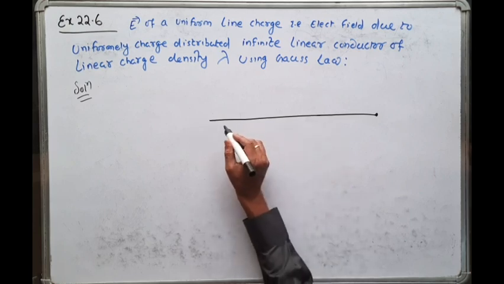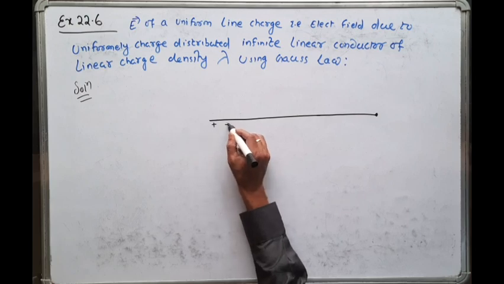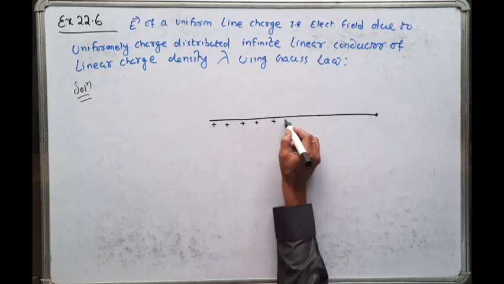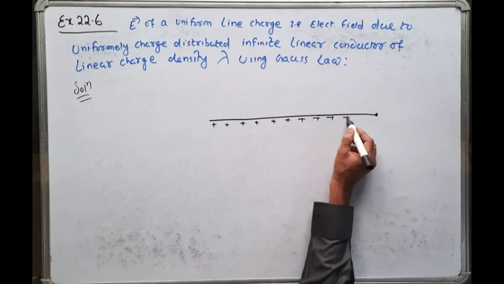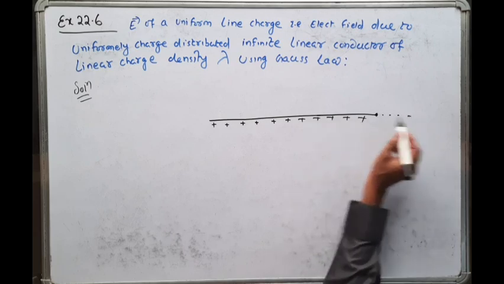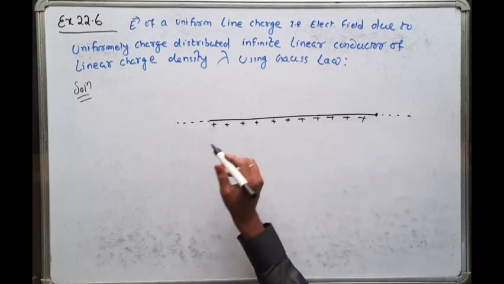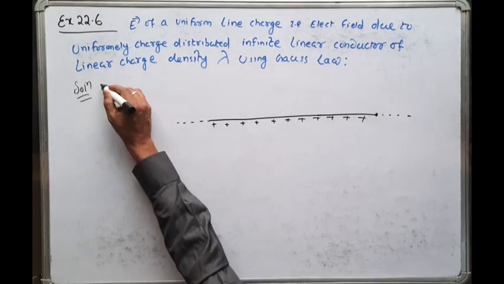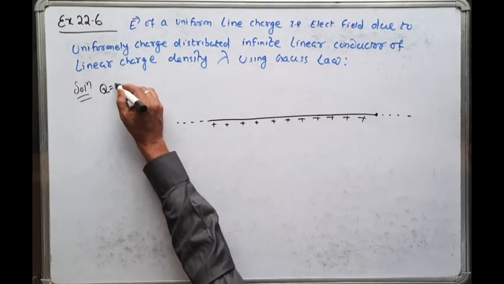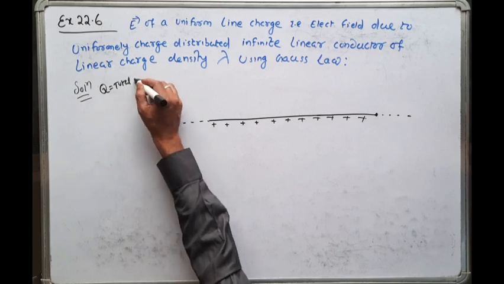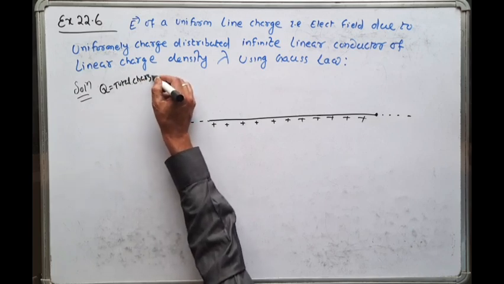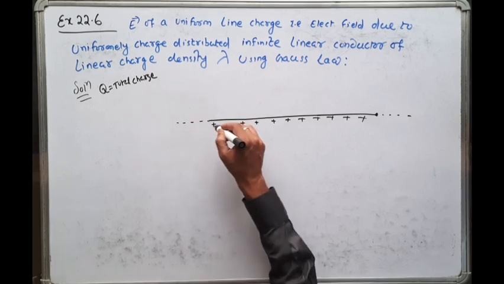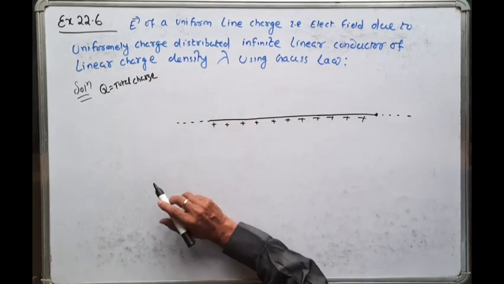So in this infinite linear conductor, let us say we have given the total charge of Q. So this is the infinite conductor. The total charge given is equal to Q, distributed uniformly over the length of the conductor.